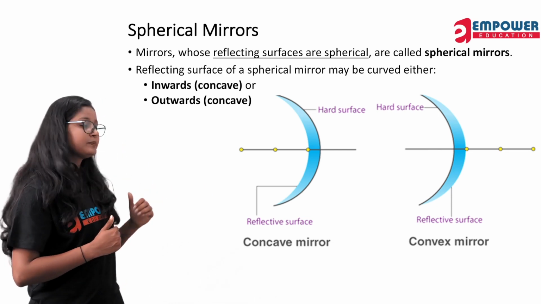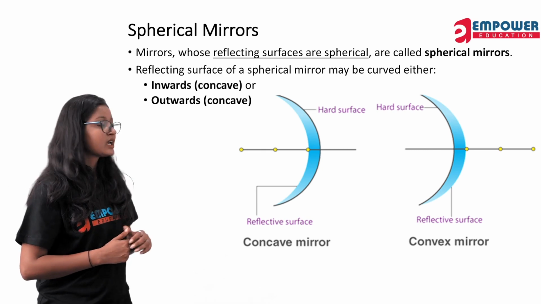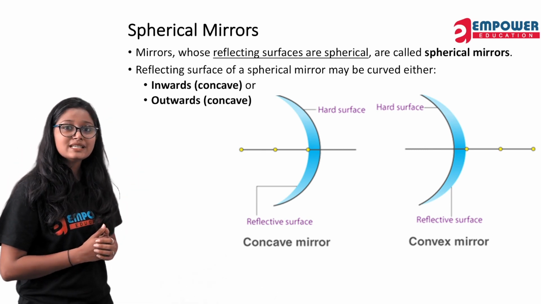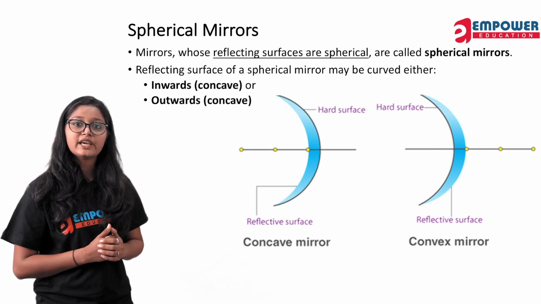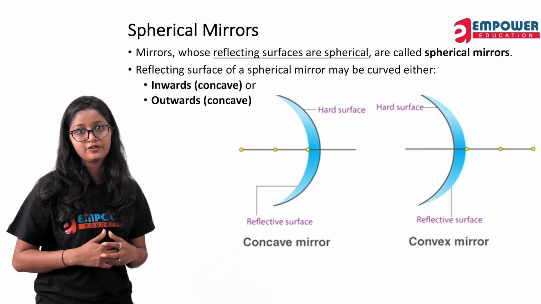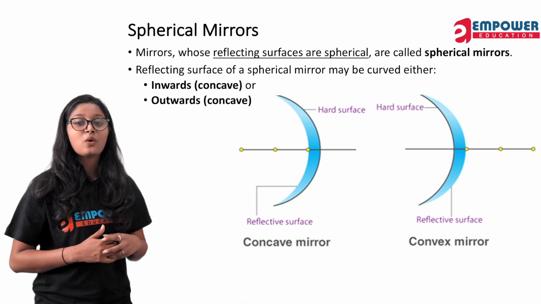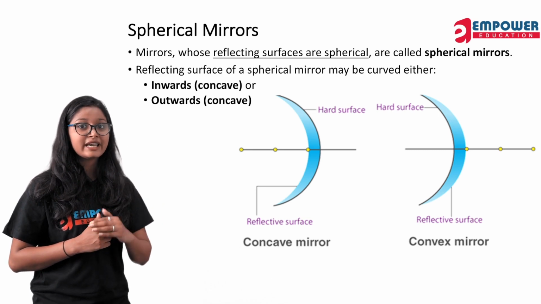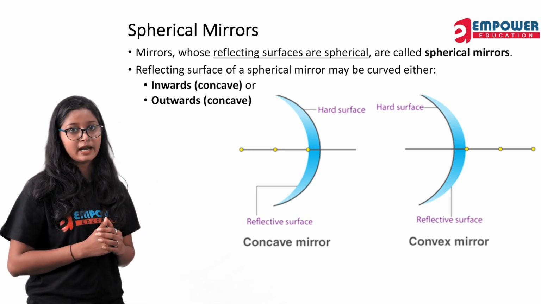If you see the concave mirror, you see the inner part of the concave mirror. This inner part is the reflecting surface of the concave mirror. That is, when light falls on this reflecting surface, it will get reflected back.